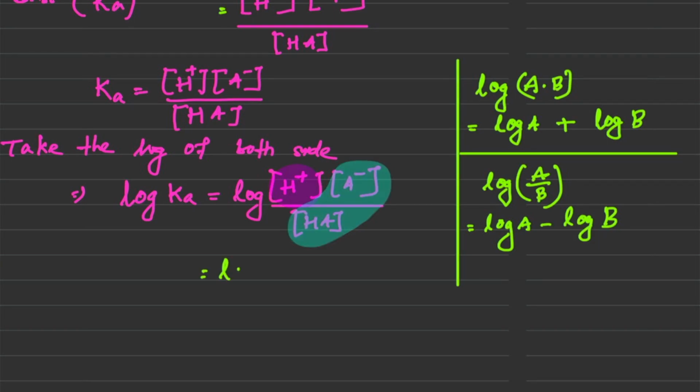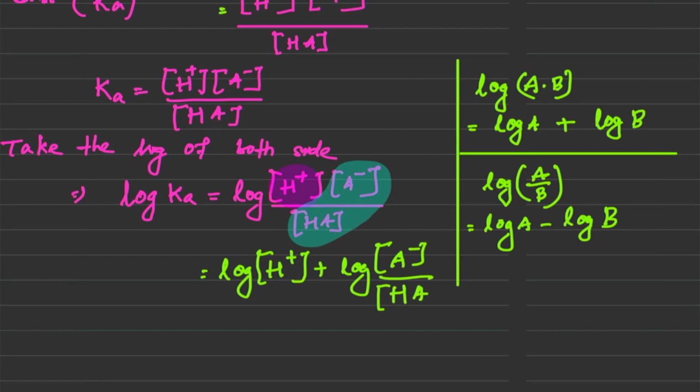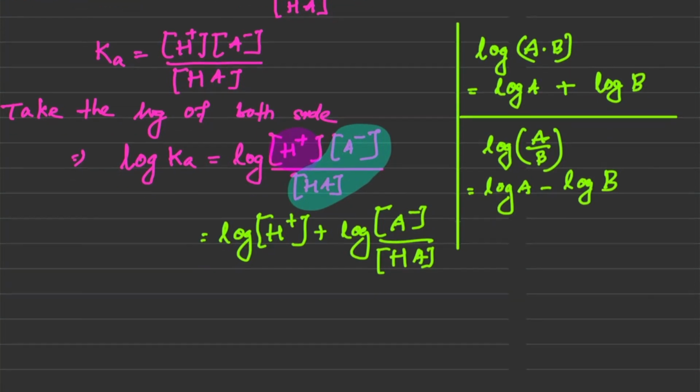It's going to be log of H+ concentration plus log of A- times, sorry, not times, divided by HA. We just open it up to separate them out. So it becomes log of Ka.